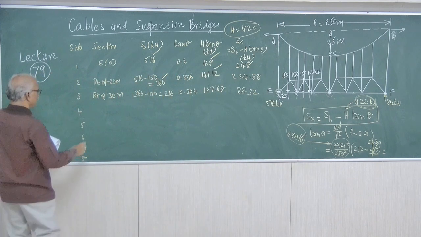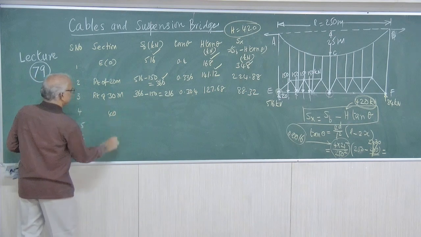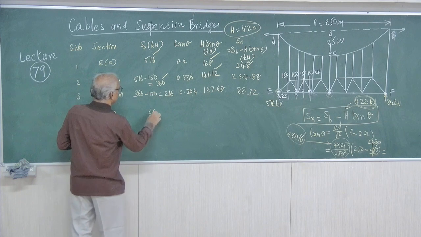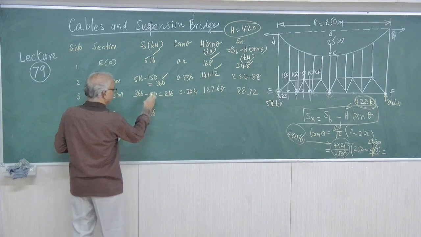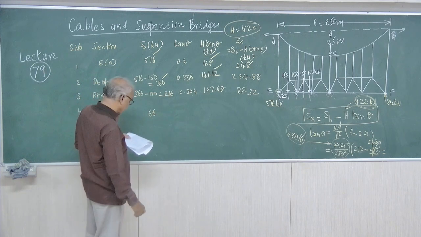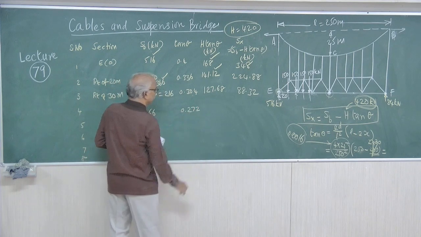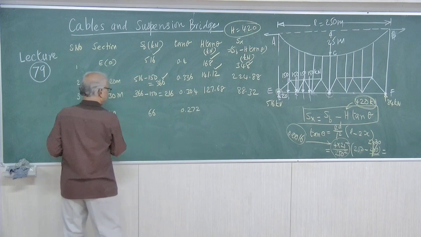The right of 40 meters. Now this value is 66. That is 216 minus 150. I will just avoid some calculation. This is 0.272. This is 40.